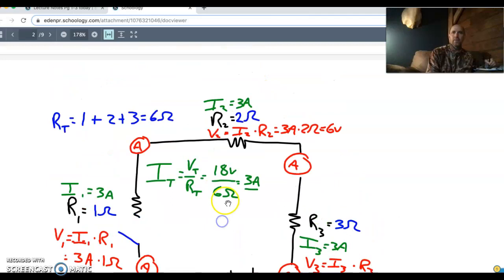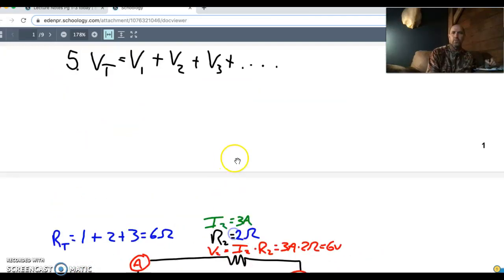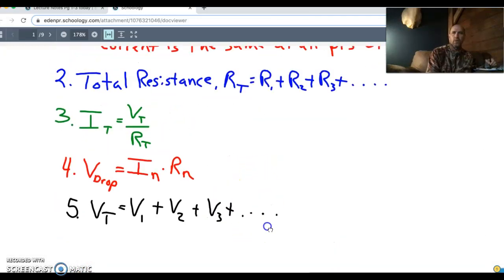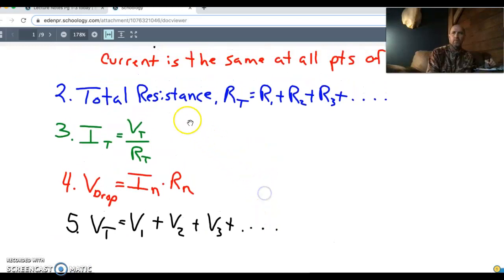If you didn't realize what we were doing, we looked at the 3 components of Ohm's law: resistance, current, and voltage. Those are the 3 things that make up Ohm's law.